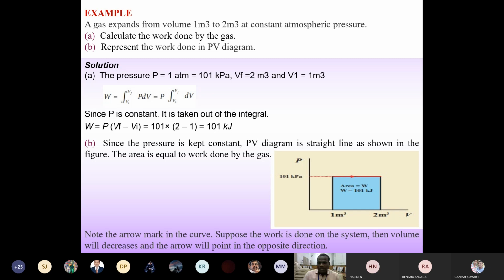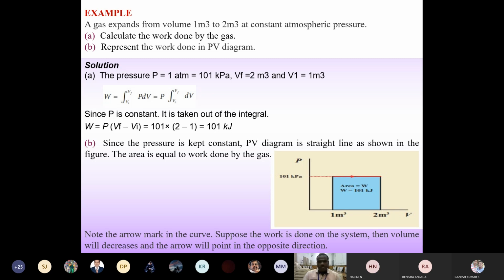Suppose the work is done by the system, right? If work were done on the system, the volume would decrease, and the arrow would be in the opposite direction. Just keep this point in mind while drawing the PV diagram. So why do we put the arrow in this direction? Because the work is done by the system. If the arrowhead were in the other direction, work would be done on the system, right?